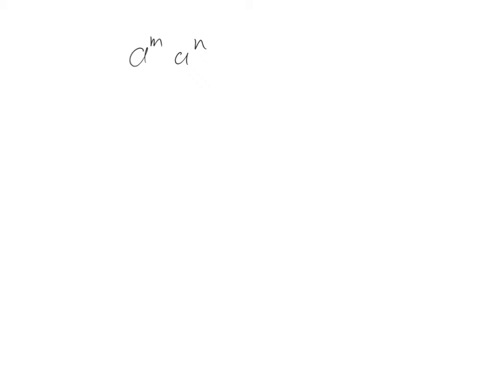Second one is when I have two numbers multiplied together. Just to remind you, this number here, a, is called the base, and m and n are the indices, sometimes called the powers, sometimes called the exponents. If you see those words, it all means the same thing.